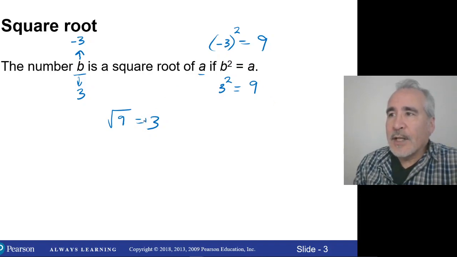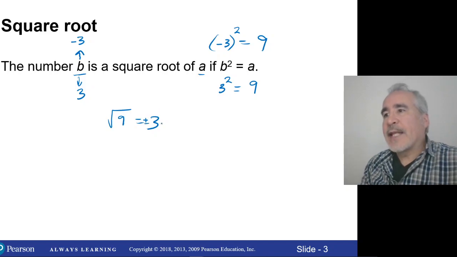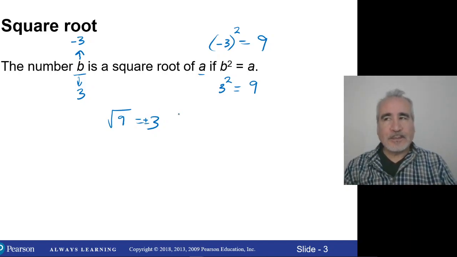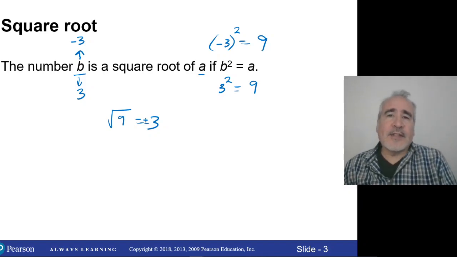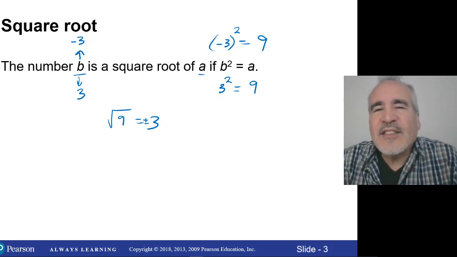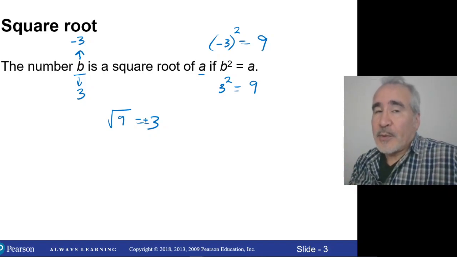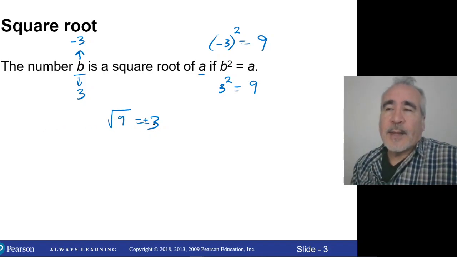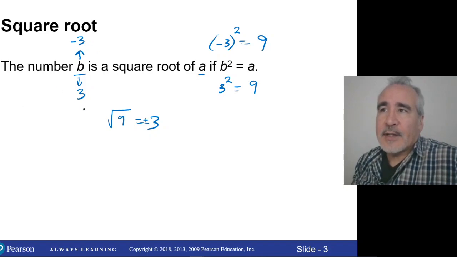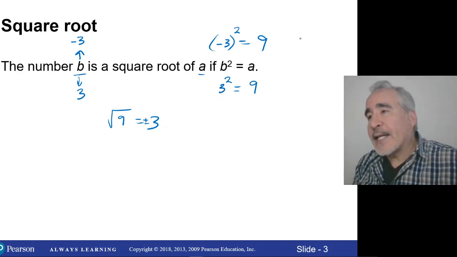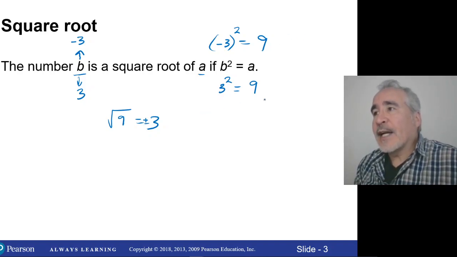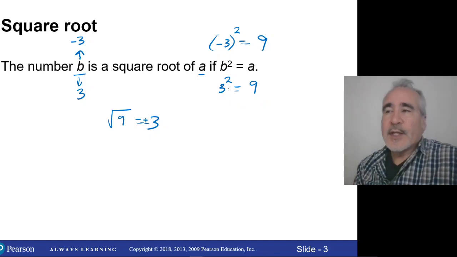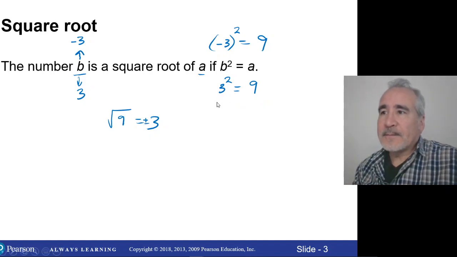So whenever we take the square root, the answer really is plus or minus. We sort of favor the positive side, so we call that the principal square root, and if we haven't said anything else, that's the one we mean. But especially when we get to quadratics, we want to remember that taking a square root gives us a plus or minus. It's because of the definition: if I square negative 3, I get 9, and if I square 3, I also get 9. So there are two square roots of 9.